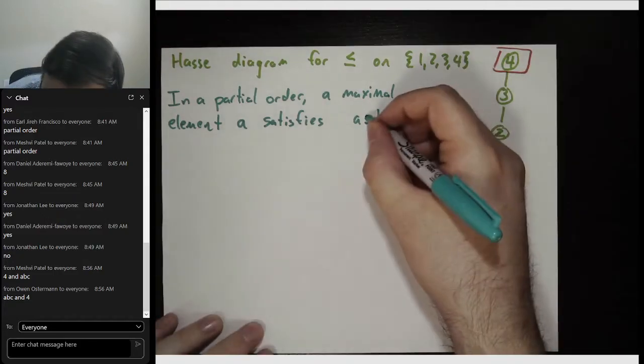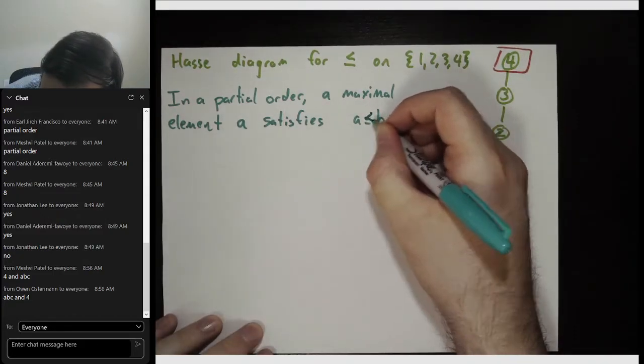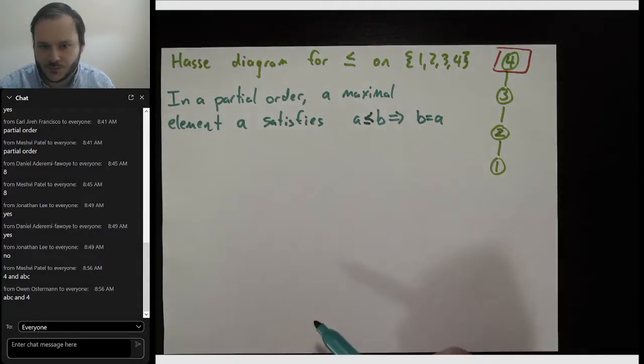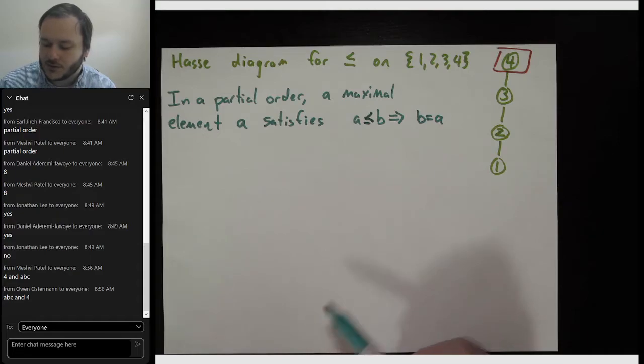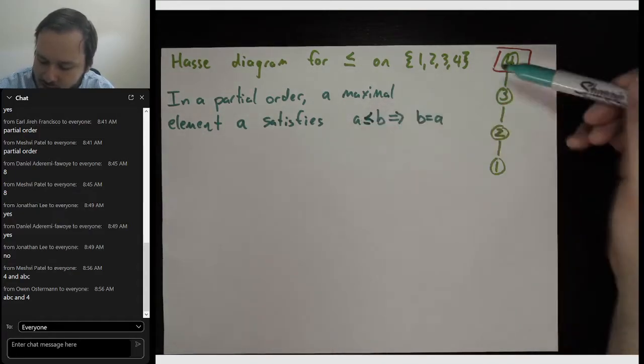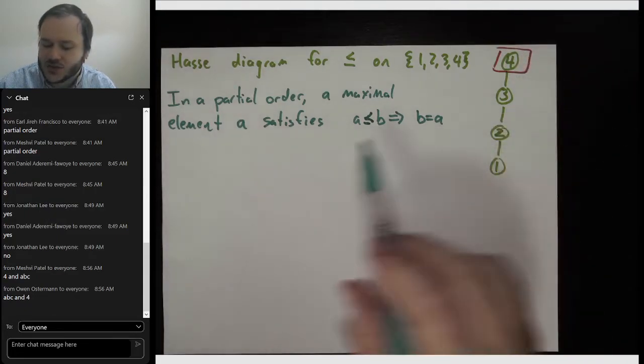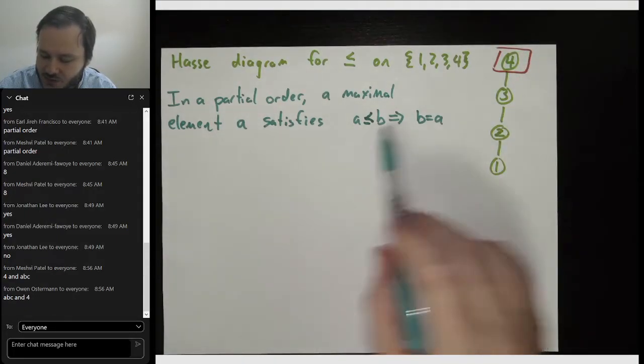I should really use curly less than or equal to here, because this is for a general partial order. It's true that the only thing it's less than or equal to is itself.